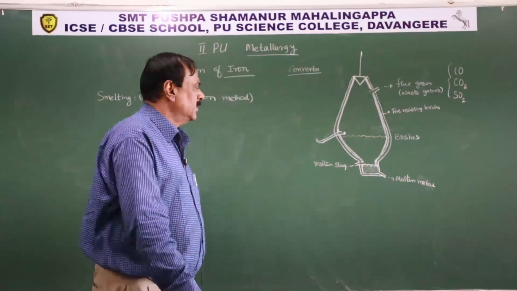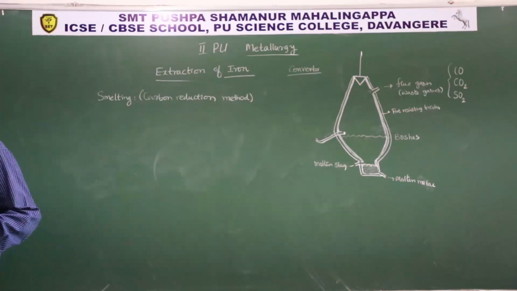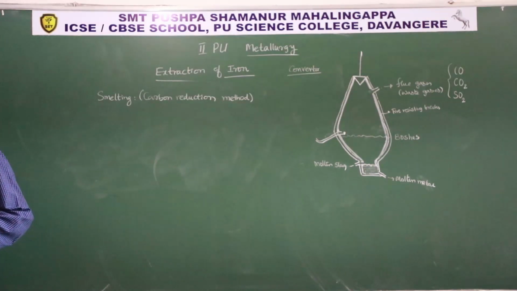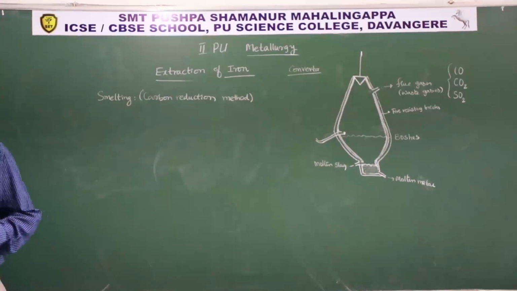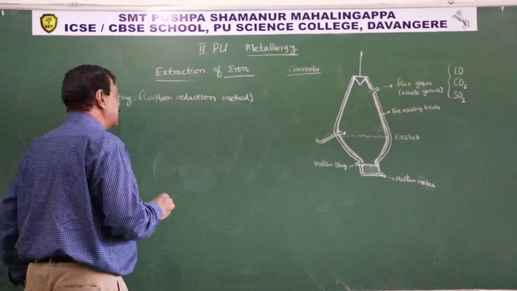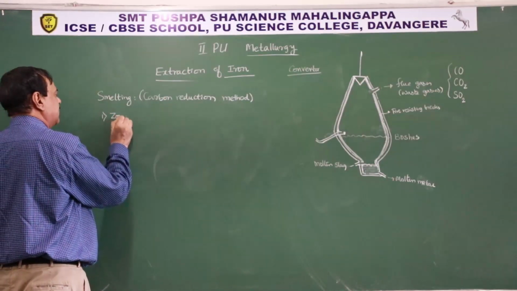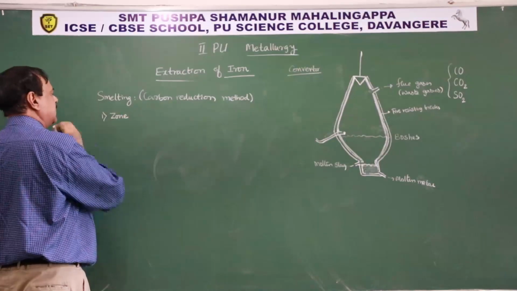Fine. Now come to the process. What about the chemical process that is involved in the furnace? It consists of different zones. In your entrance exam, they will ask the temperatures.